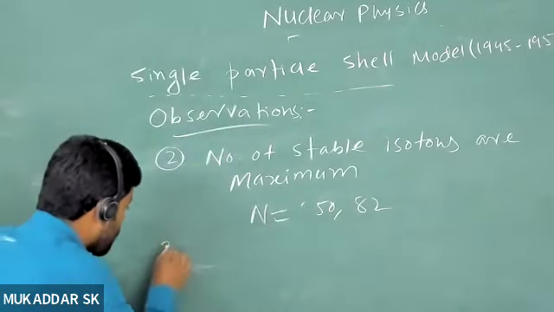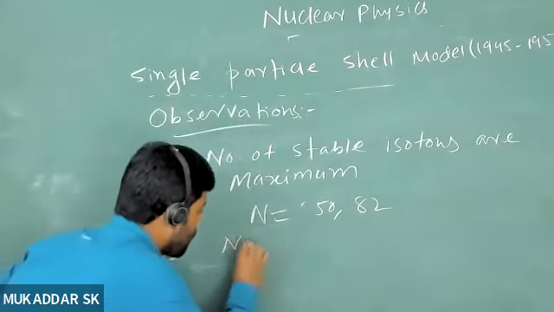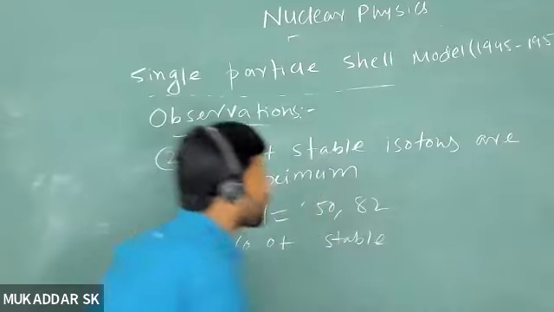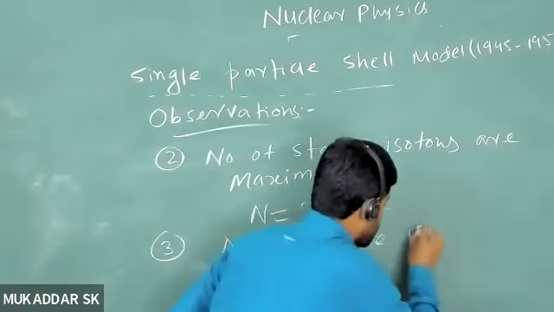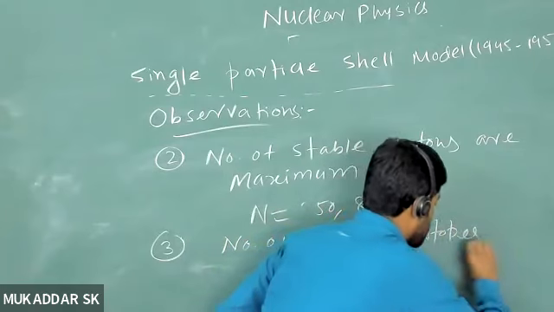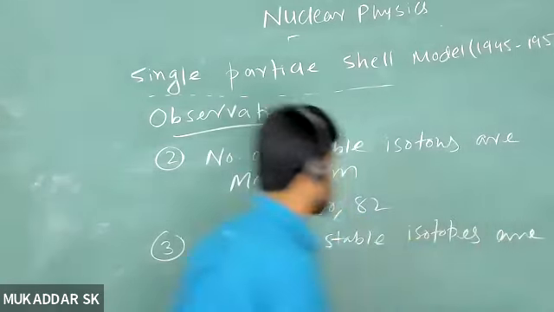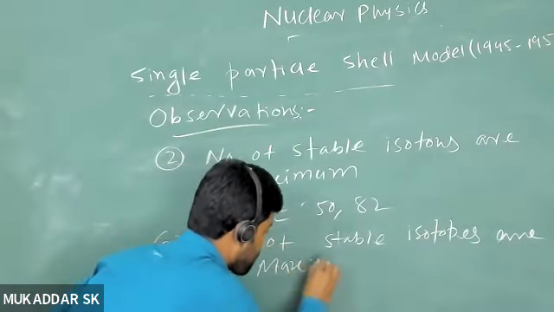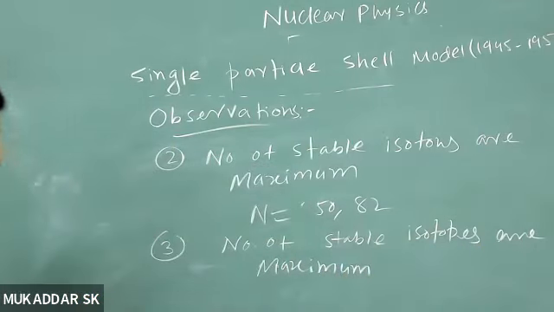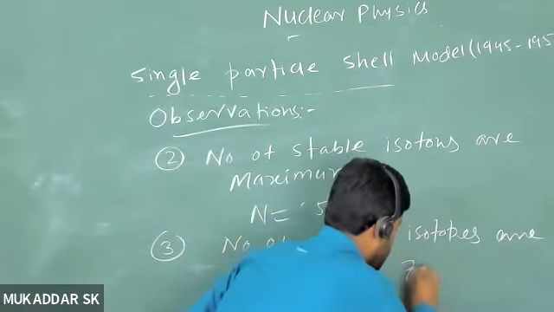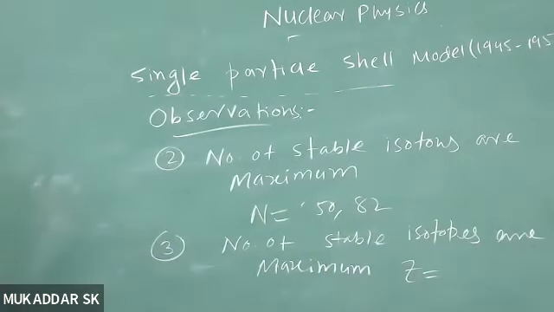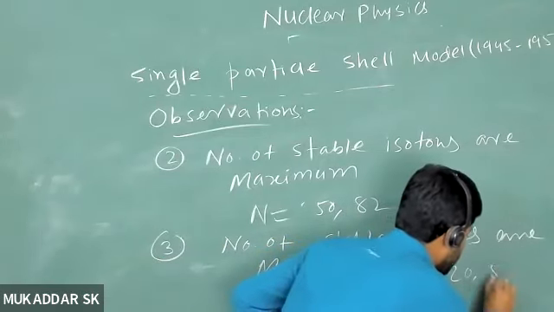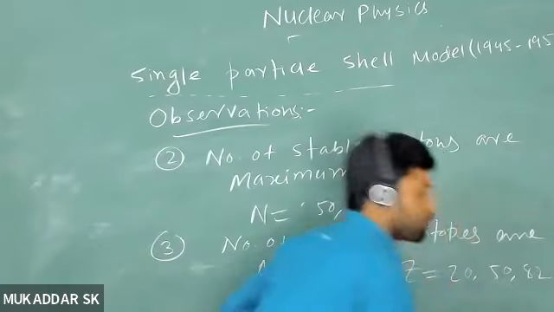Third observation: the number of stable isotopes is maximum when any nucleus contains a proton number of either 20, 50 or 80.